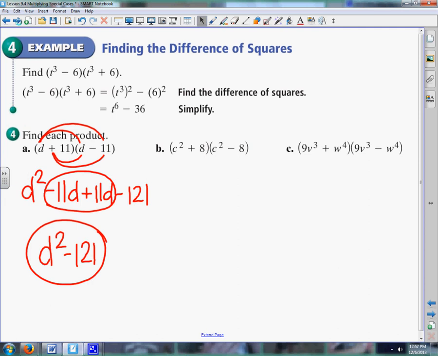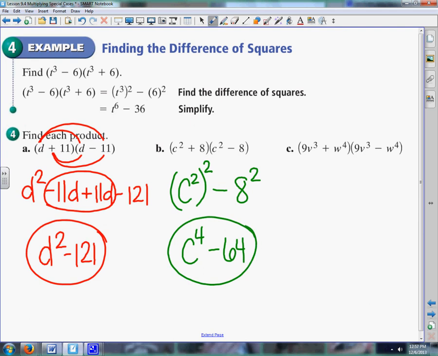So when you're doing these problems, try B and C. So what I'm going to do is I'm going to do c squared and I'm going to square it. And then I'm going to minus 8 squared. So c squared squared is c to the 4th minus 64. And for C, I'm going to have 9v cubed, and I'm going to square that.